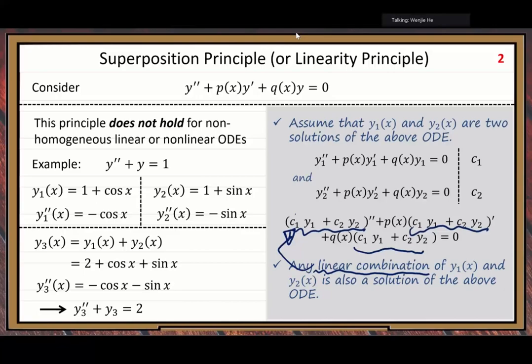Sometimes, think about it, you have a non-homogeneous equation and you want to combine two solutions. You may want to do that, right?